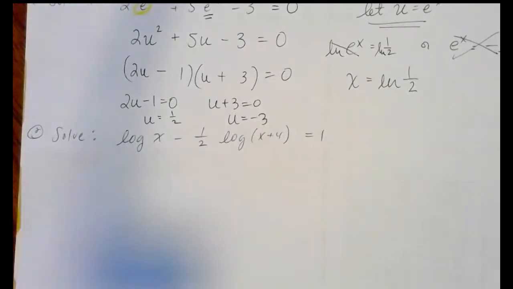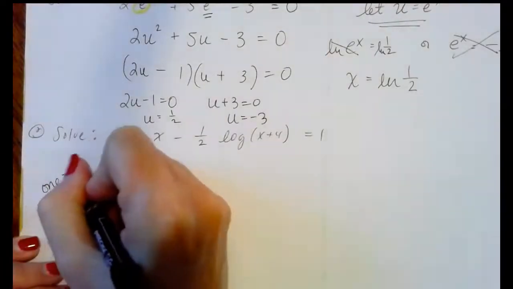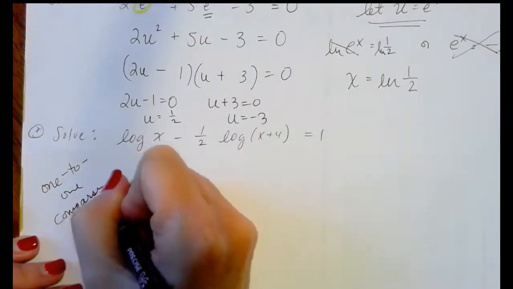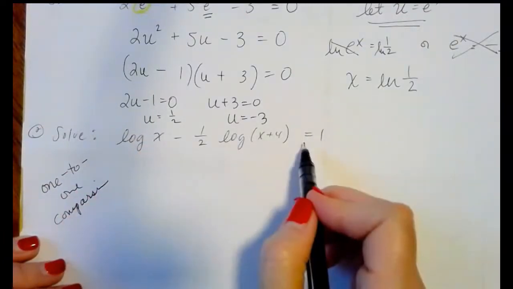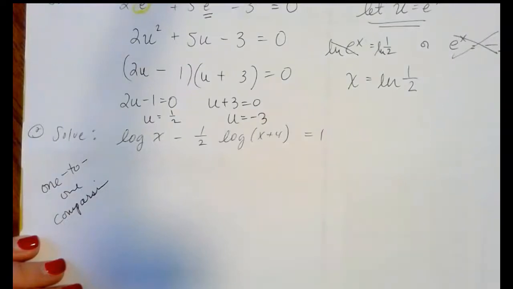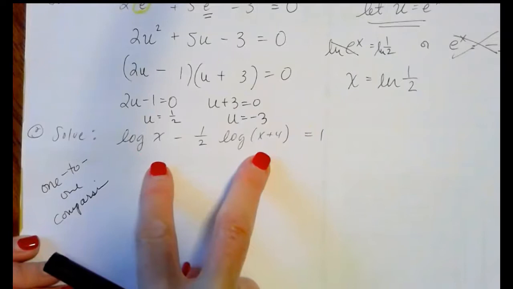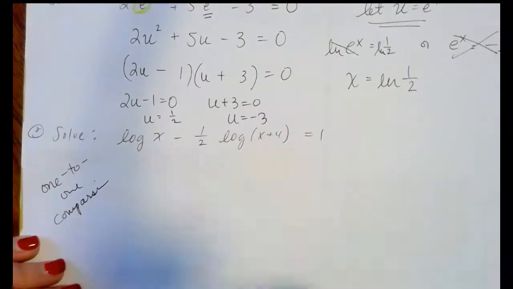log x minus 1/2 log x plus 4 equals 1. So in order for us to solve a logarithmic equation, we have to have a 1-to-1 comparison. Right now, we've got two logs set equal to a whole number, so we can't use this yet. First, we've got to use properties of logs to condense those two terms.